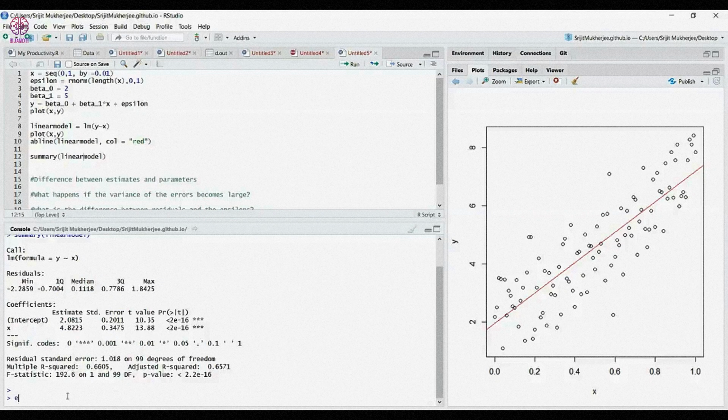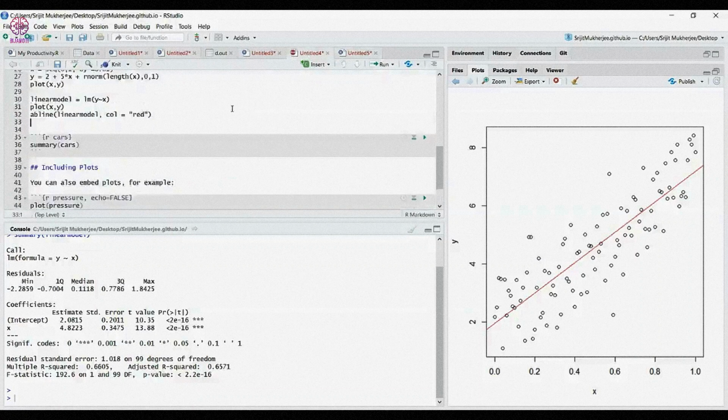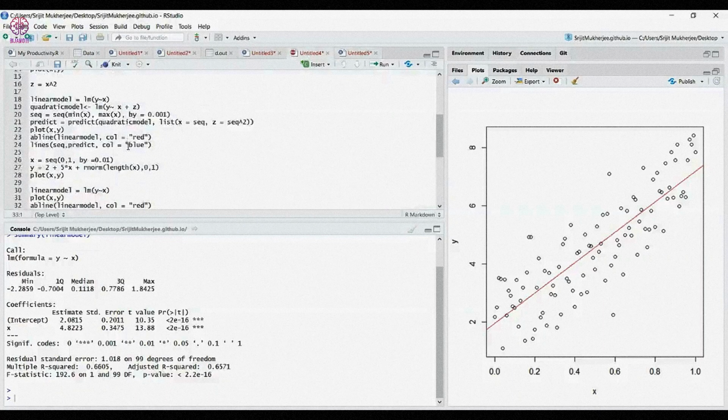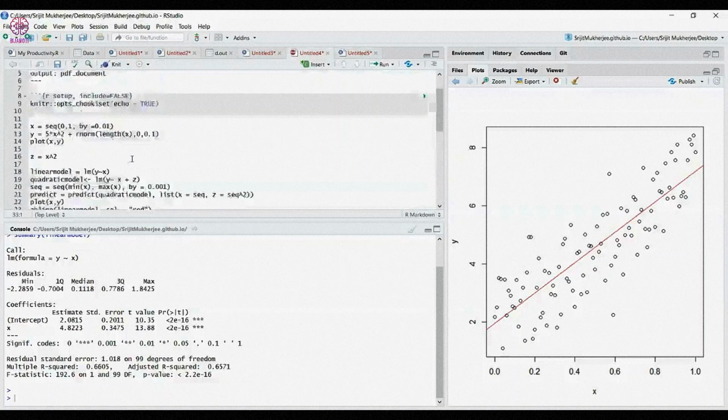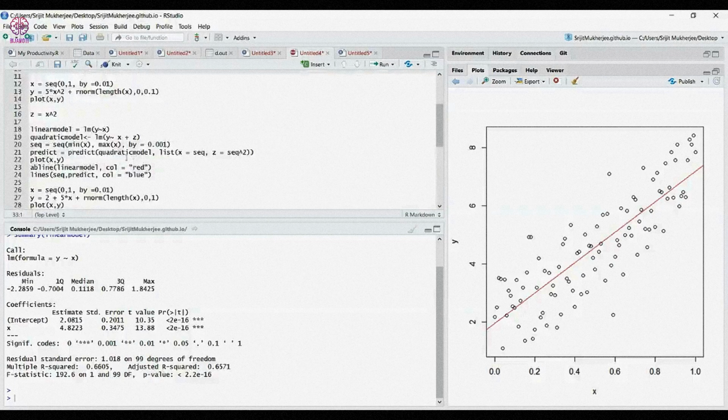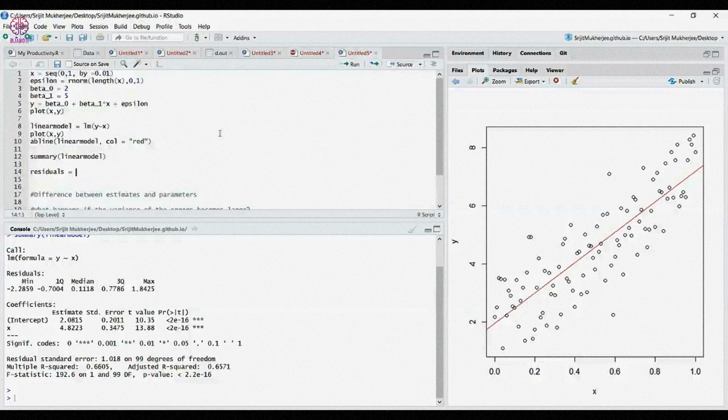So what is e_i? e_i is actually the residuals. Let's save it here. Residuals is actually y_i minus the predicted part, the y_i hat. So let's predict this.